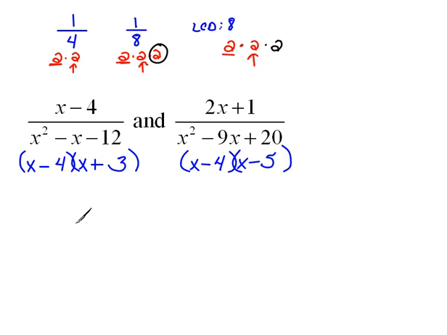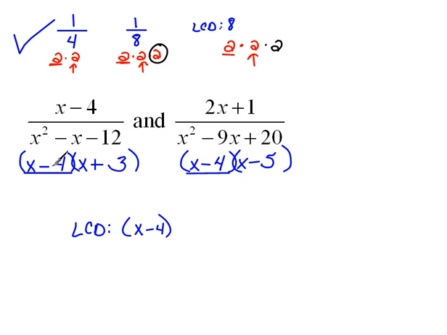Okay, so now let's try to figure out the least common denominator. Just like we did up here, we have to look to see what they have in common first. We have a common x minus 4, so I'm going to write that down as part of the LCD. We only do it once because both of them have an x minus 4.